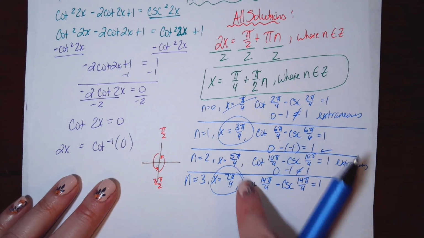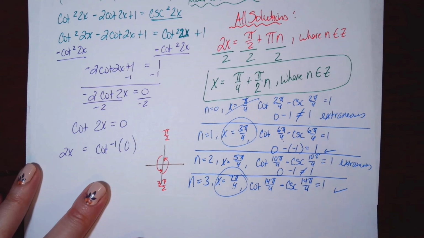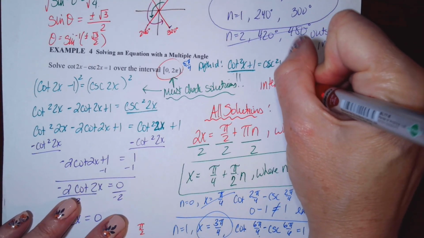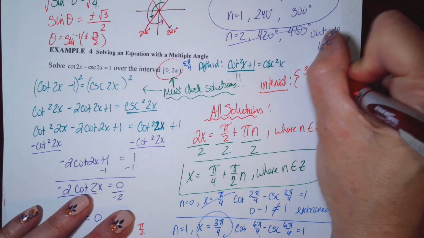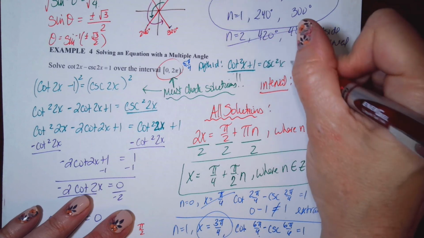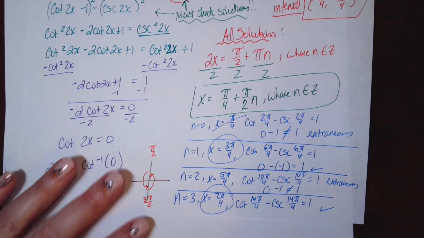These are the two angles that are in my interval. So that's my all solutions statement. Within my interval, the solutions that work are 3 pi fourths and 7 pi fourths. If I keep going, I will be outside my interval, so I don't need to check any further solutions.